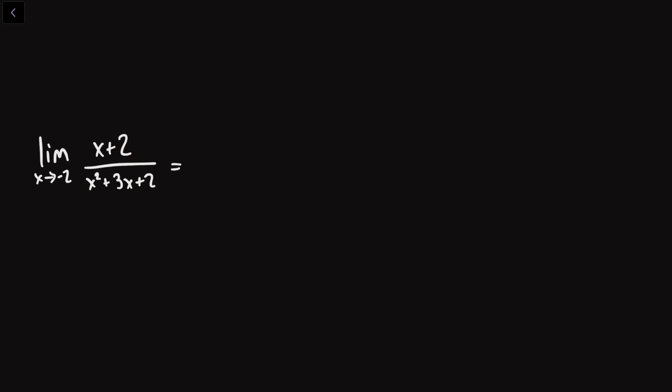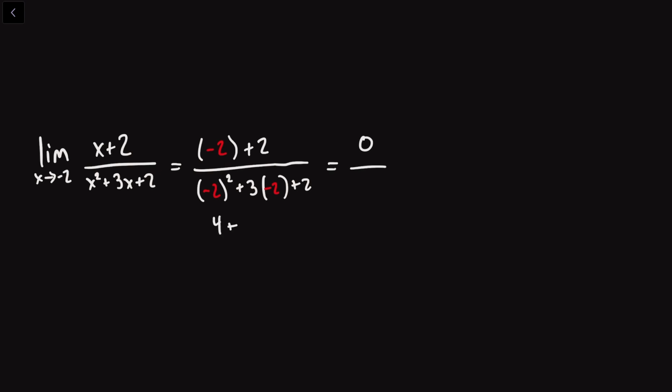When we plug in, we get negative 2 plus 2 over negative 2 squared plus 3 times negative 2 plus 2. So negative 2 plus 2 is 0, over negative 2 squared is 4, plus 3 times negative 2 is negative 6, plus 2. So 4 plus 2 is 6. 6 plus negative 6 is 0. So we get 0 over 0.